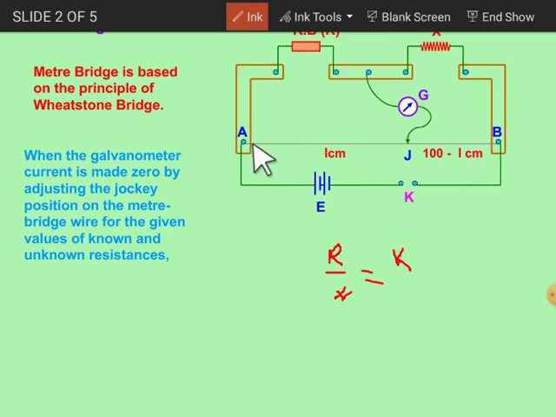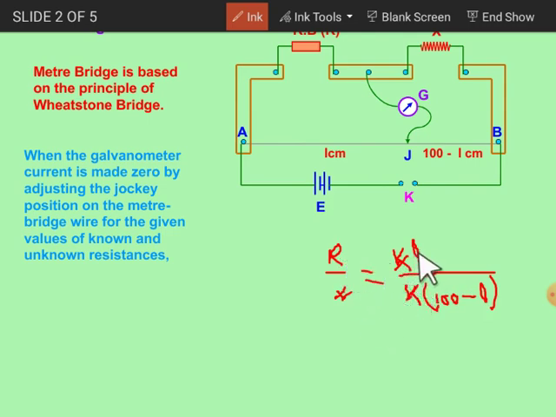If you know the length AJ, then K times L will be the resistance of this part AJ, divided by the resistance per unit length times 100 minus L, which is the resistance of that part JB. So if you cancel K, then what happened?